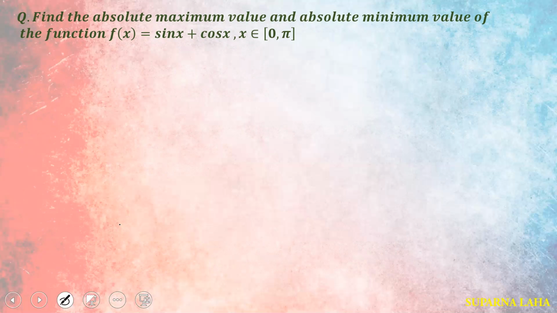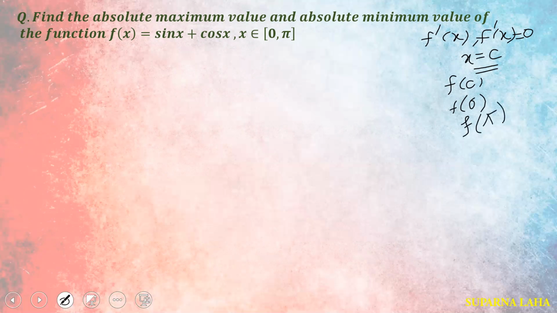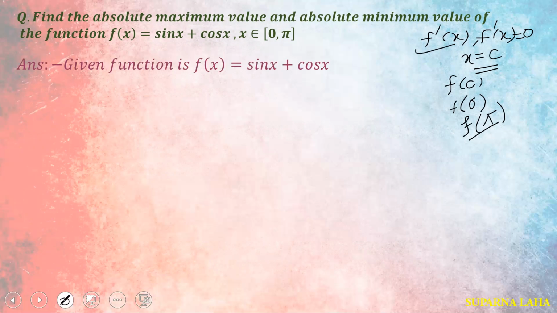What is the working rule for finding the absolute maximum and minimum? First find the first derivative and set it to 0, which gives the critical point x. Then find the functional value at that point, and at the starting point and end point of the interval. So firstly, find the first derivative of f(x) = sin x + cos x.